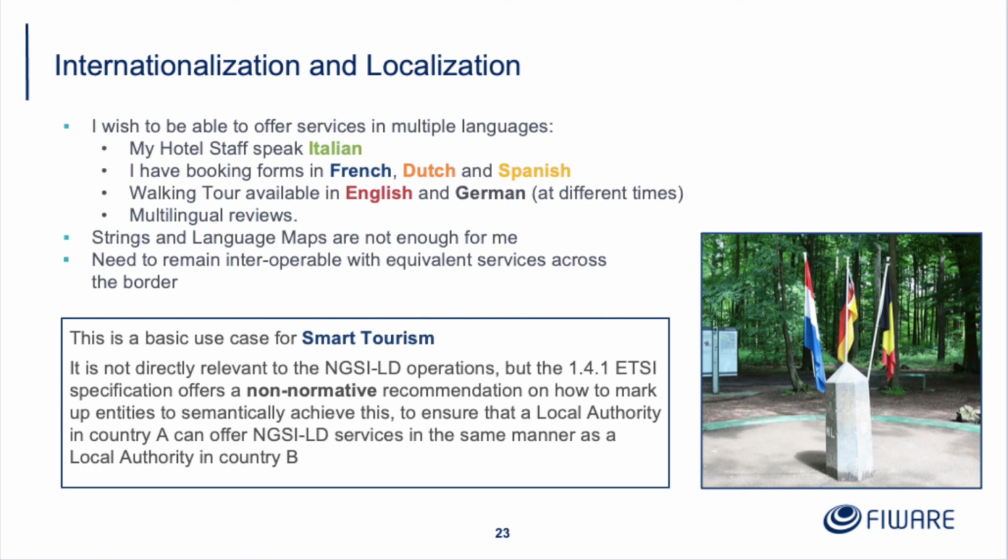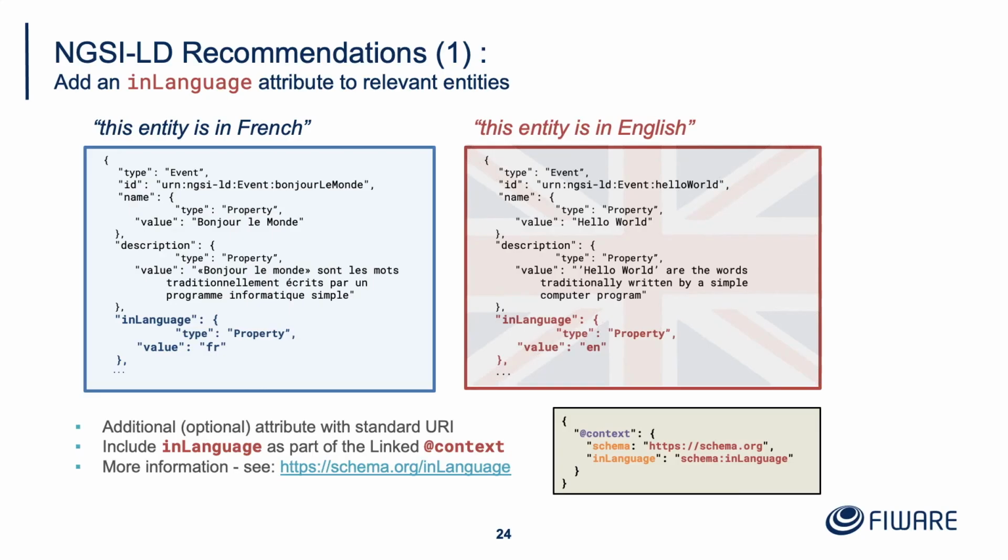Now, obviously, the picture on the right is an international border. It's a tri-point, but you can imagine that we have borders between local authorities. Making sure that two local authorities are using the same data model is important, and extending the same data model in the same fashion is important, so that everyone else can retrieve the information from elsewhere.